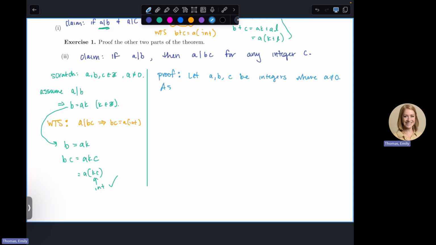Assume A divides B, and by definition, B equals AK for some integer K. Notice BC equals AKC, right? And then do the math.